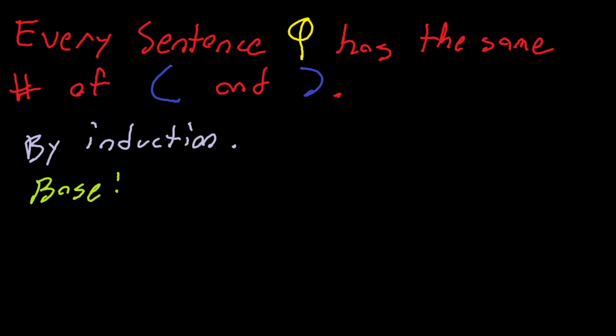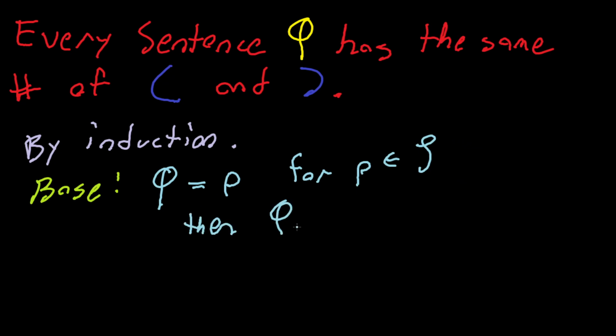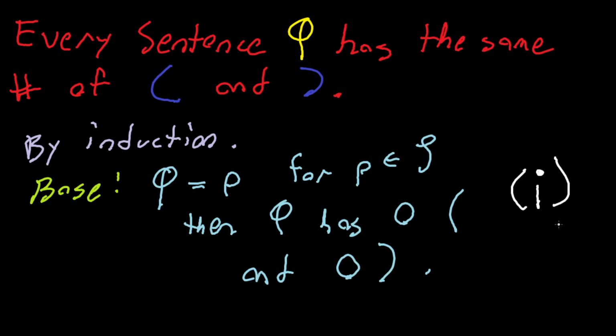So the base case would actually be if phi is just a sentence symbol, then phi has 0 open parentheses and 0 closed parentheses. So that's the base case, right? And this is, of course, using the definition we gave earlier. This is bullet point I.